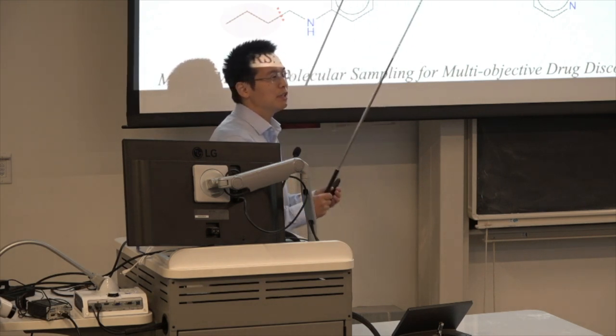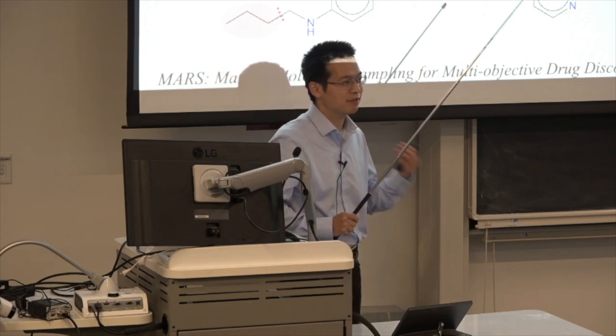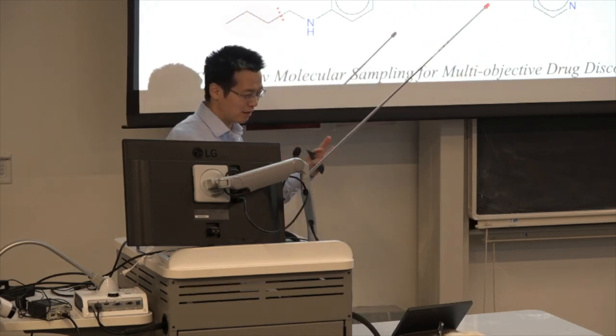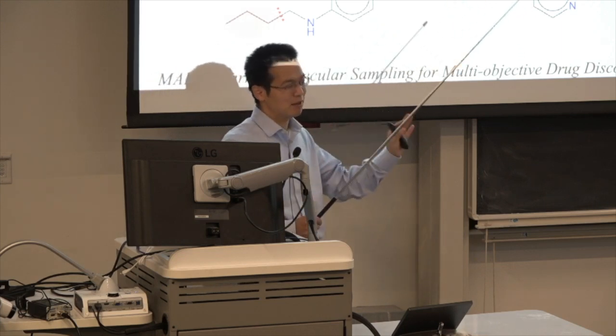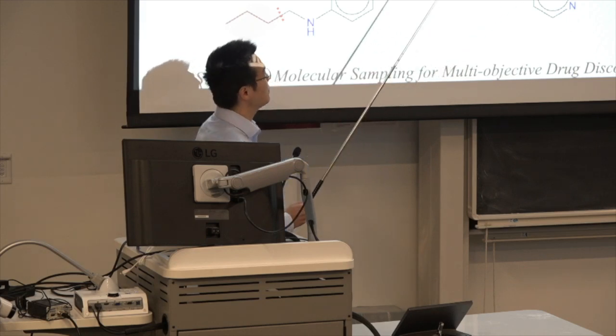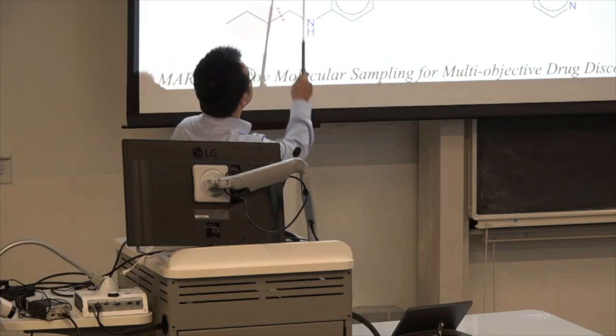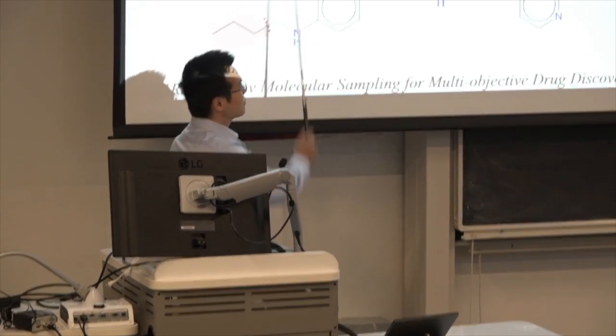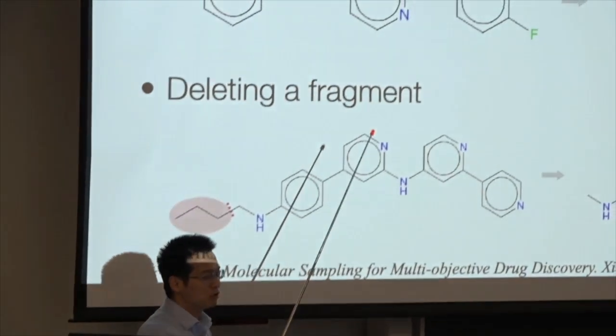So the goal is to generate some molecule satisfying certain properties. I will talk about the properties later, but at the moment, you can just think of this as an objective function we're trying to optimize. So we will start with some initial fragment, and then we can do two operations.